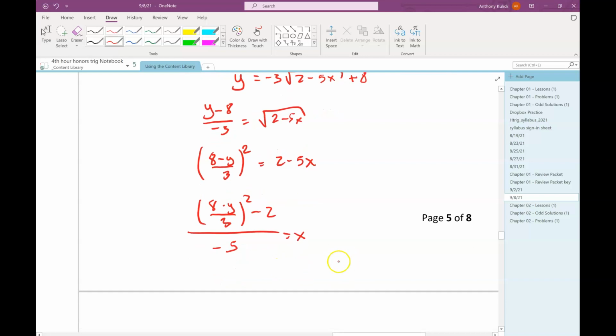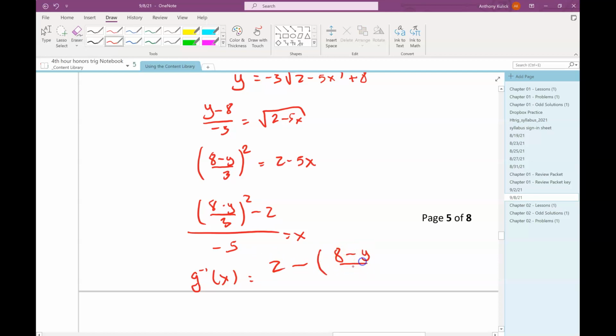And then again, we'll rewrite this in function notation and swap the x's and y's. And I'm actually probably would push that negative sign through.